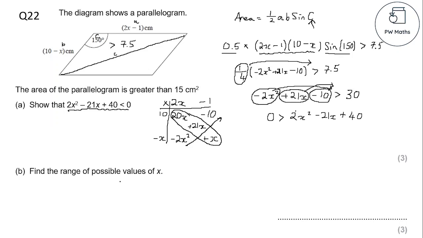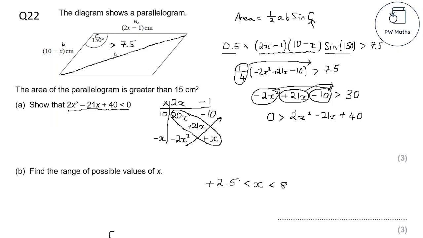And the one that looks like we've got with this less than symbol is option number 2, and we can tap in 2x squared minus 21x plus 40, and it tells me the answer is 5 over 2, so 2.5 is less than x, which is less than 8.